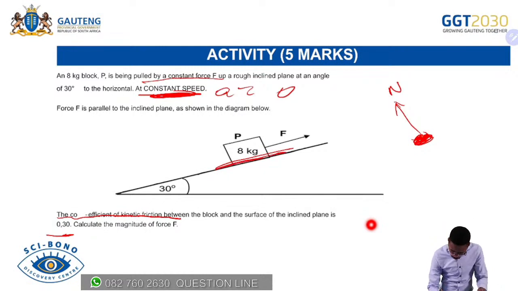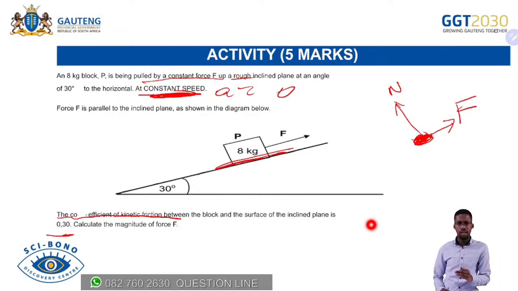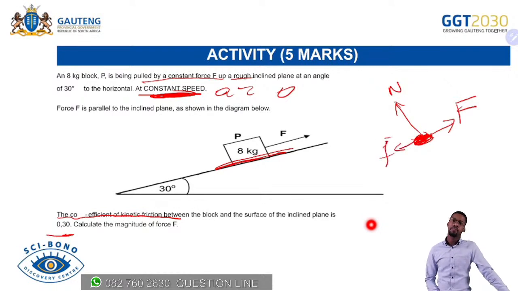And then the force of gravity is going down. And then we have this force that we want, and it moves up a rough surface. Once you see the word rough, you must understand we have the presence of friction, small letter f. Now, we are having an incline, so we resort to components of gravity. This one is a tip for free: don't even prove it, we are going to grade 12 now.